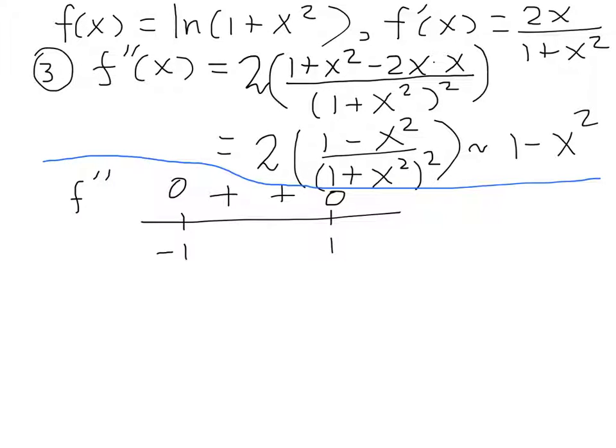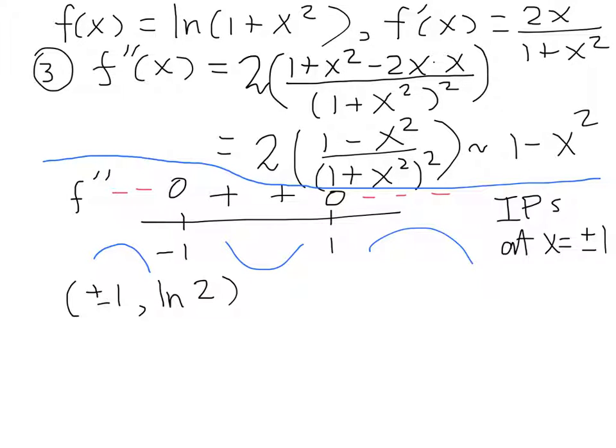And to the left and right, if x is a big number, you get a negative f double prime. So you have the concavity as shown. It's concave down from minus infinity to minus 1, concave up from minus 1 to 1, and concave down again from 1 to infinity. And you have inflection points at plus and minus 1.